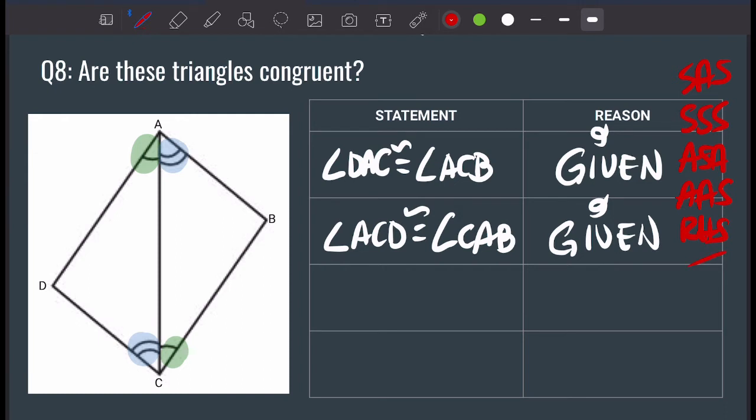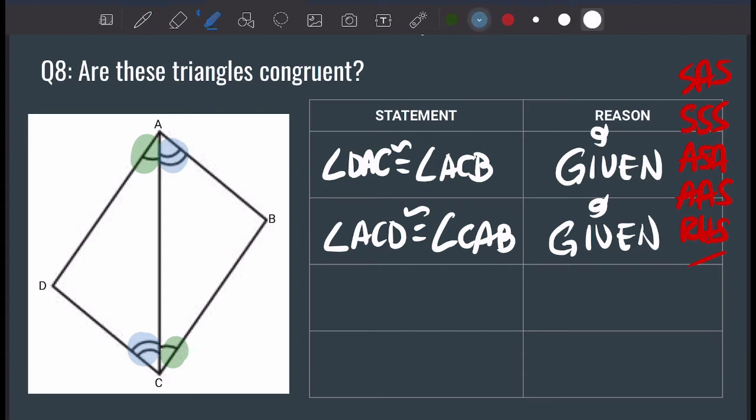Okay, so where can we find another set of congruent sides or angles? We cannot use this because there is no stroke. We cannot say these are the same because there's no stroke. So what's the next thing you need to look at? You need to check. Does it have the reflexive property? Is there a bisector? Is there a midpoint?